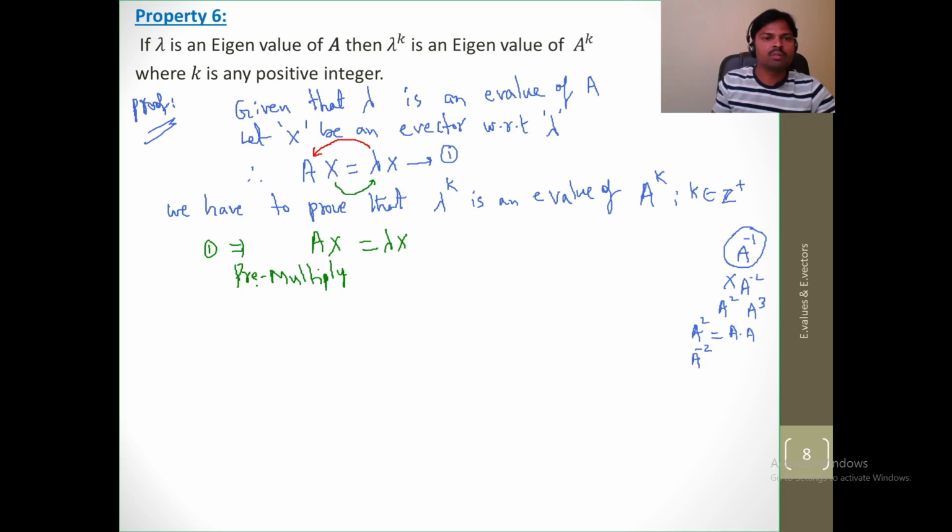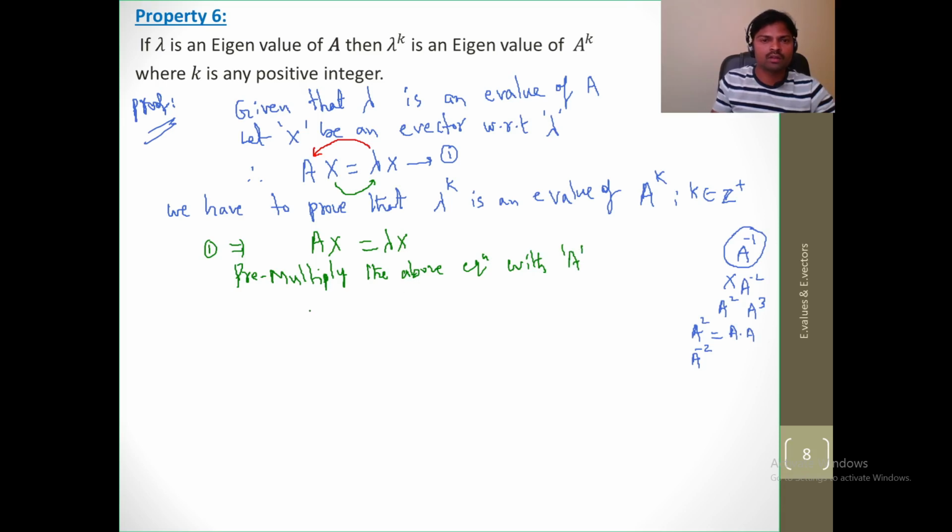In matrix theory, pre-multiplication and post-multiplication are compulsory, so you should be precise. Pre-multiply the above equation with matrix A, the given matrix.